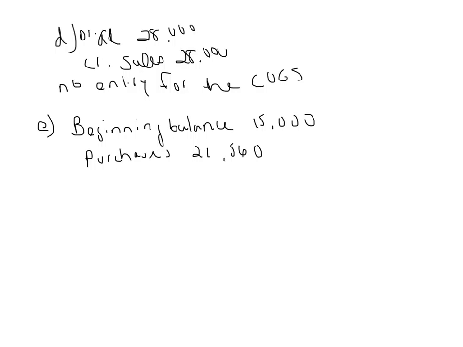Then remember in letter B they had a merchandise return. So we're going to do less purchases returned. Remember, you made the entry to that purchases returned account for $3,000. So that's taken out of inventory.